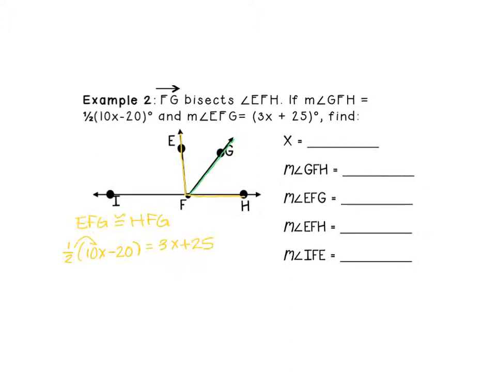So if I distribute that 1/2, I get 5x minus 10 equals 3x plus 25. 2x equals 35, so then x equals 17.5.